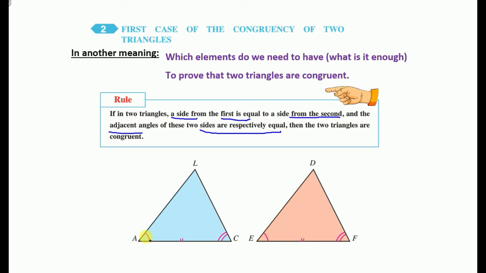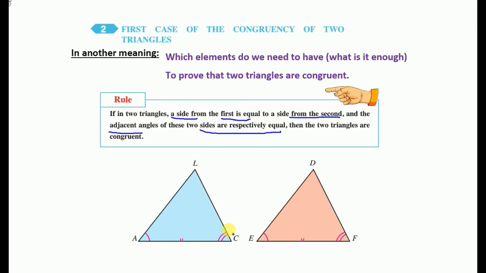It means the angle of vertex A and the angle of vertex C are both adjacent to the side AC. In other words, angle LAC and angle LCA are the two angles adjacent to the side AC. But angle of vertex L, which means angle ALC, is not adjacent to the side AC because point L is not one of the two extremities of the side AC.